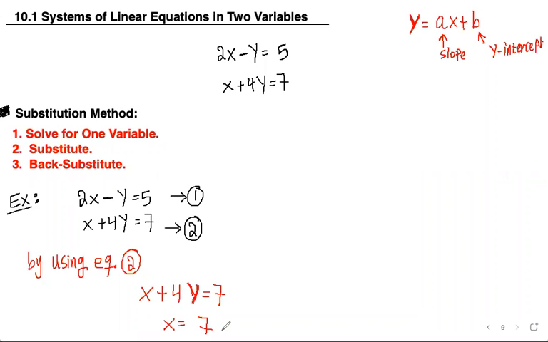This cancels, and I get x equals 7 minus 4y. Second step is substitute. So I'm going to substitute this equation inside the first one. So this is my equation now.